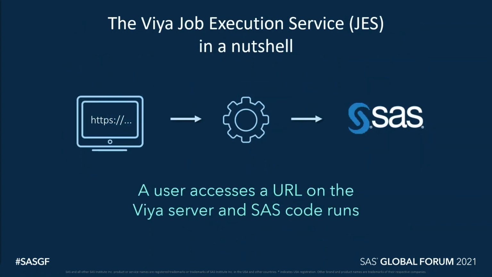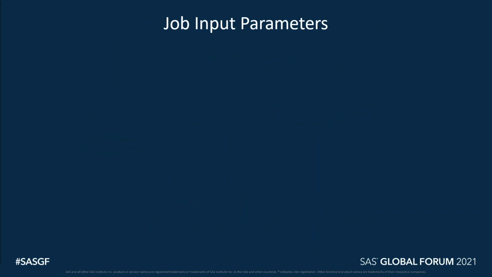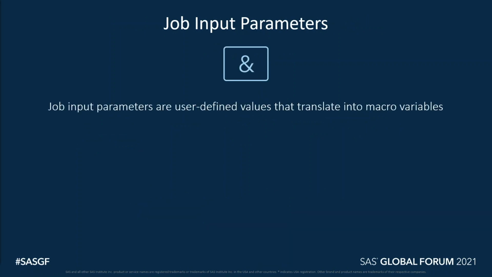In a nutshell, you can think of the Job Execution Service as a URL that people access and SAS code runs. They can modify that URL to make the code do other stuff, and they can do that using job input parameters. Job input parameters are user-defined values that automatically translate into macro variables when the job runs. You might see where this is going already.